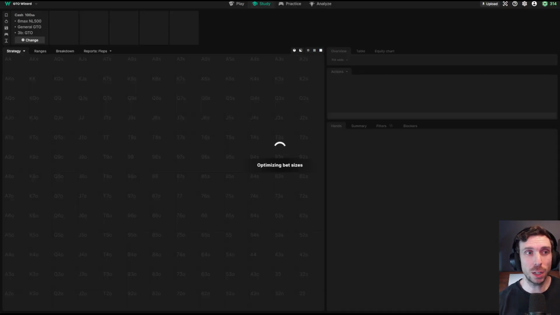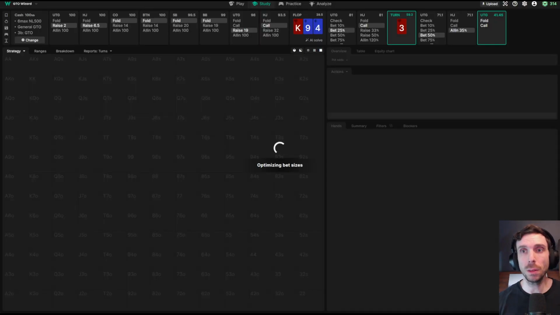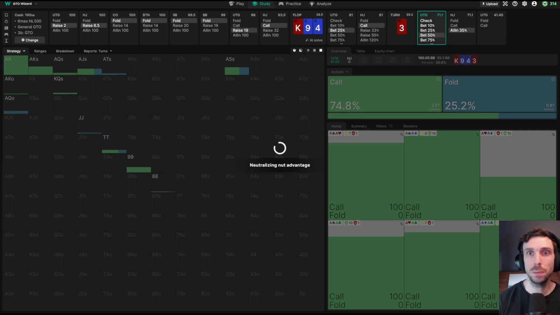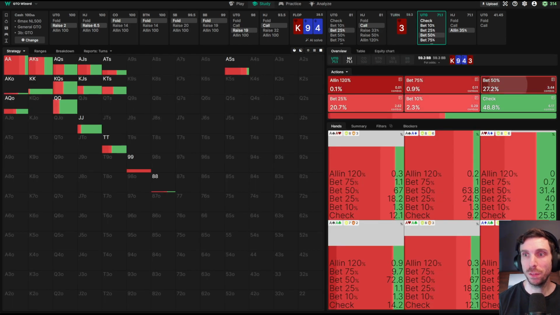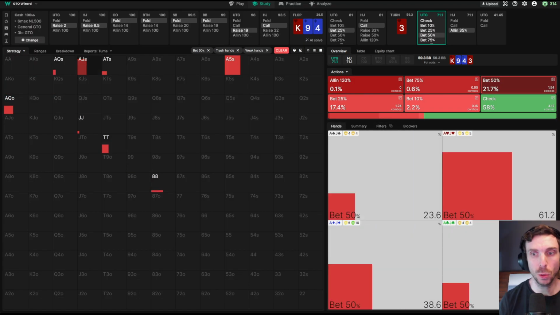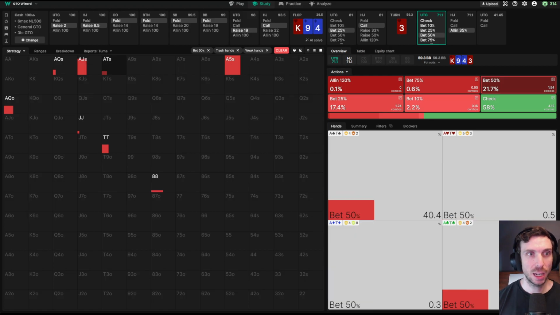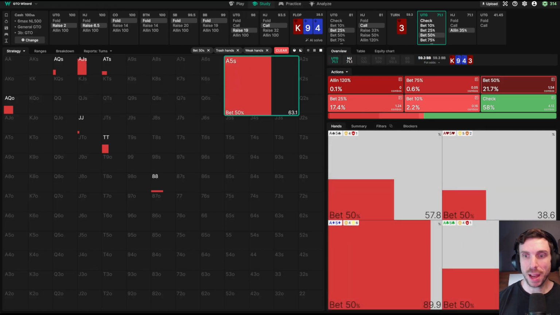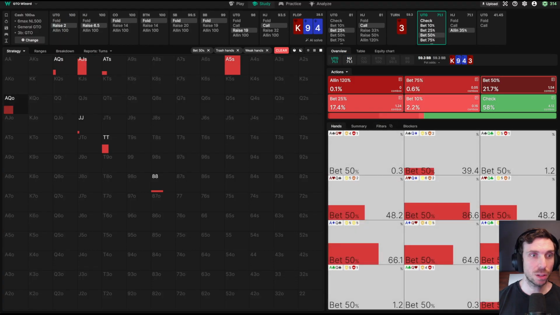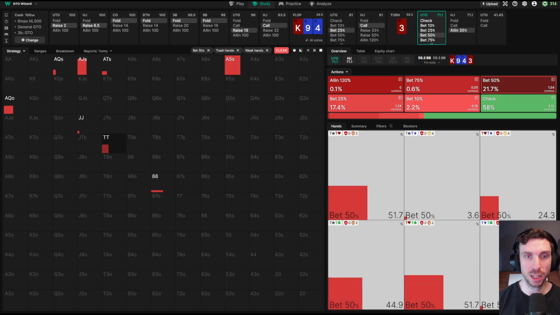So if we look at the solution here and we see what hands are going to bet on the turn for bet 50, you can see, again, a lot of his weak and trash hands are going to be these ace high combos, ace 5 diamonds, ace 5 spades, ace queen of hearts, ace queen offsuit, jacks and tens.